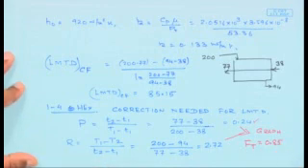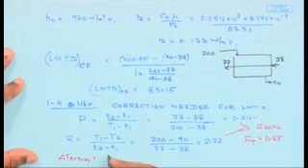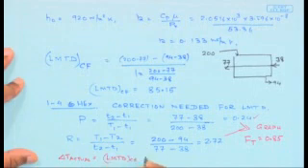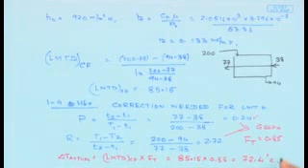So, in that case, the delta T actual would be the LMTD based on counter flow multiplied by the correction factor, which is 85.15 into 0.85, which is 72.4 degree centigrade.